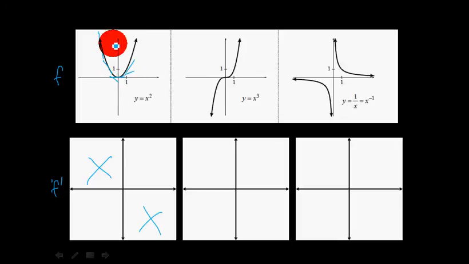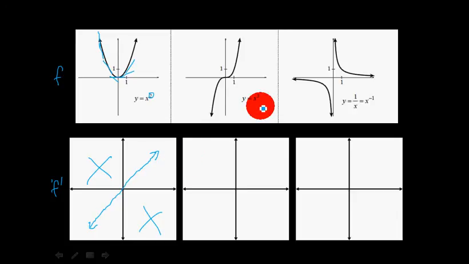So for parabolas, the derivative of x squared actually turns out to be just 2x, but you should realize that for x squared, it's always going to be linear.